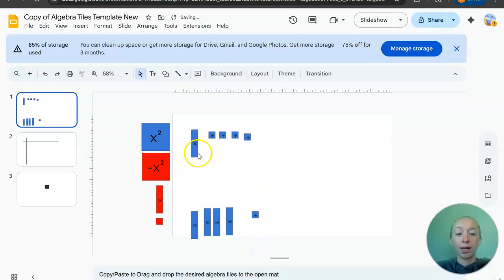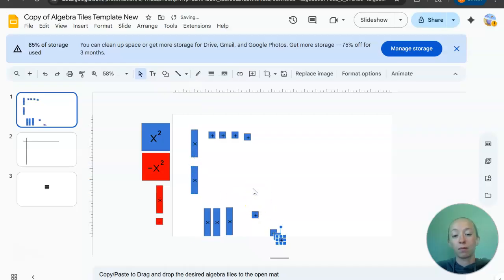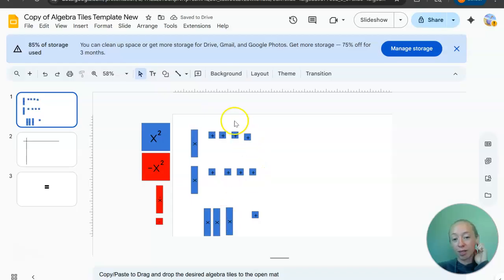And we do that twice. So x plus 4, we have it right here. Now we do the same thing one more time. Add some more here. Okay, so showing in algebra tiles, this is what we have here.